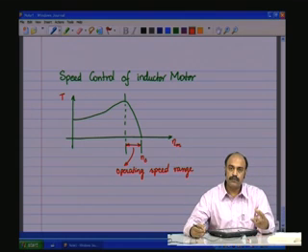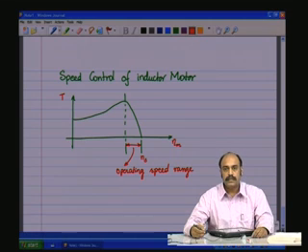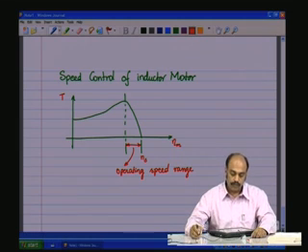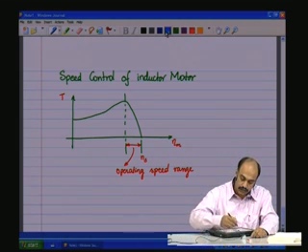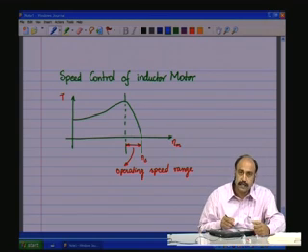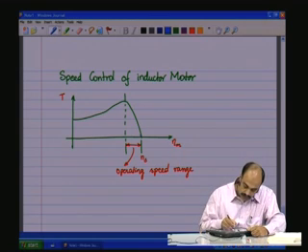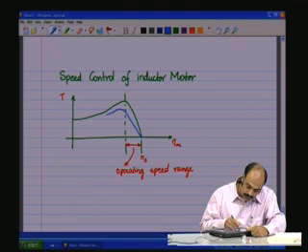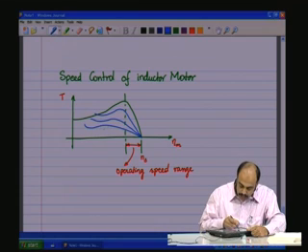What happens if we change the stator voltage? If we make the stator voltage lesser than what it is, you will see that the curve starts going in this fashion. So we get a much better range.